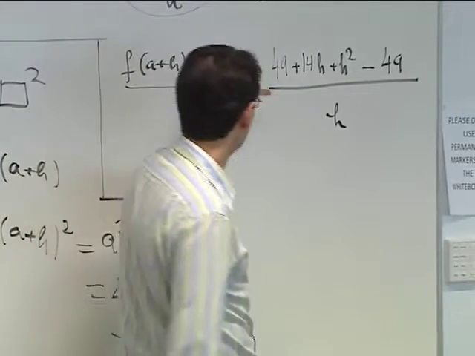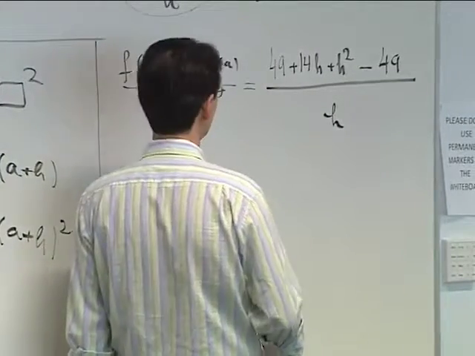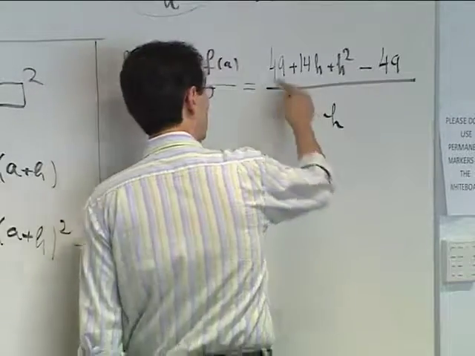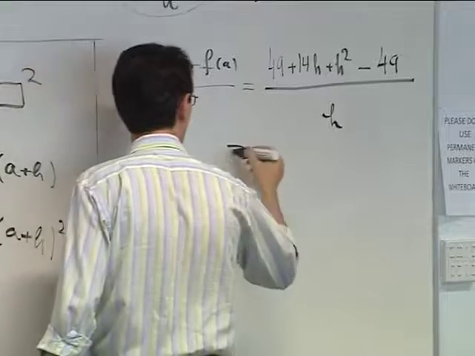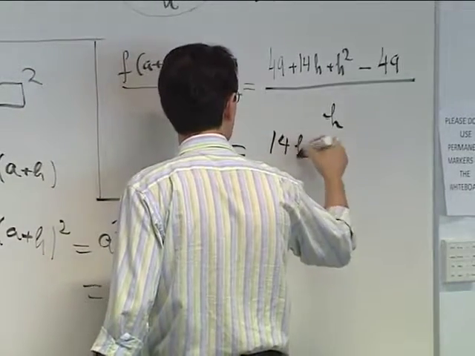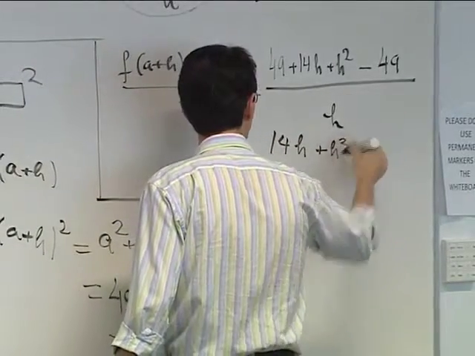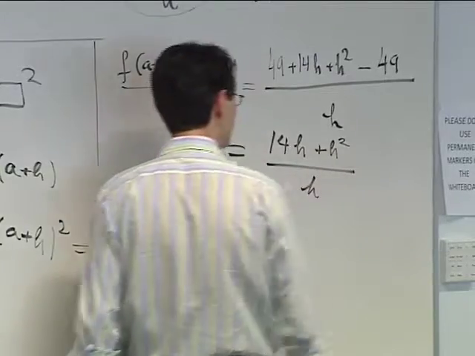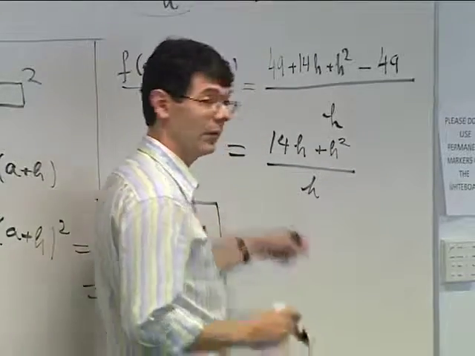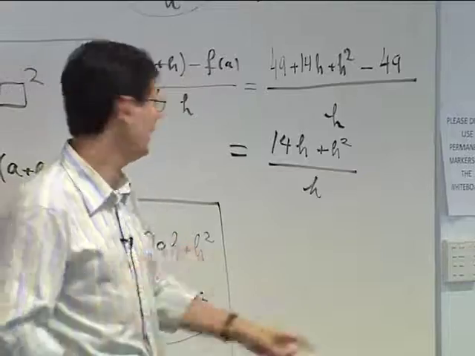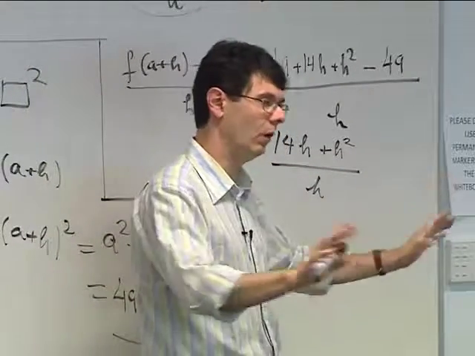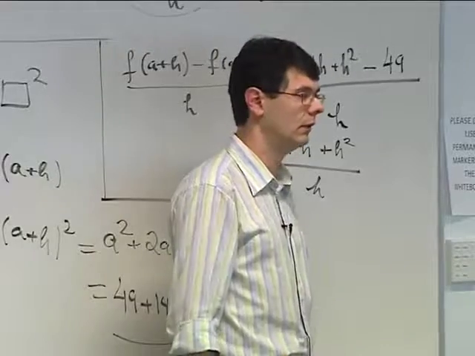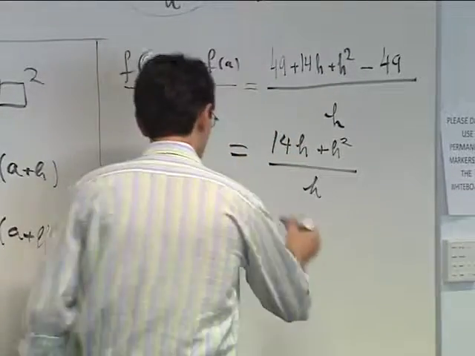Okay? Take a look and see if you can simplify. Oh, look, I am so lucky. 49 take away 49 is 0, so simplify. This is 14h plus h squared on h. Can I simplify further? Because this is still 0 divided by 0. If I plug in h equals 0, it's 0 plus 0 on 0. 0 on 0? No. But you can simplify further.